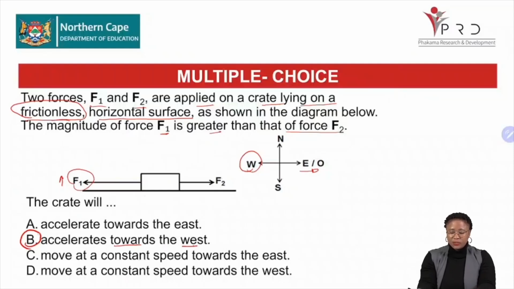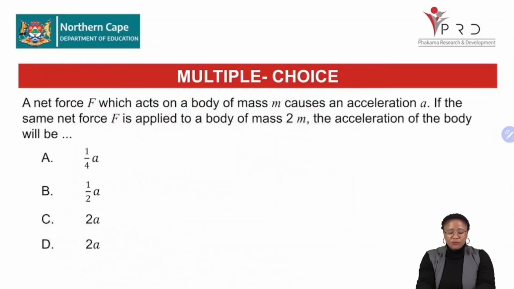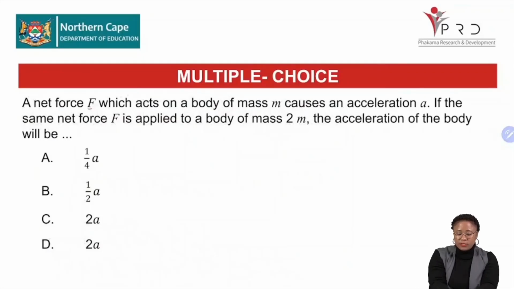All right. Let us quickly move on to the next multiple choice question. I already said that the answer is B. Let's move on to the next one. It says a net force F which acts on a body of mass m causes an acceleration a. If the same net force F is applied to a body of mass 2m, the acceleration of the body will be.